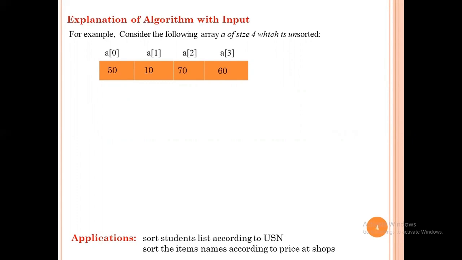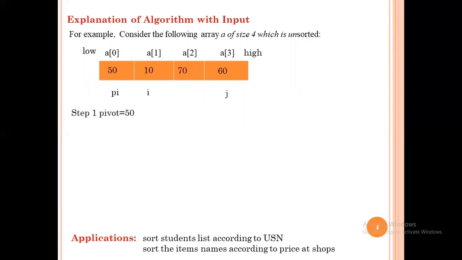A[0] represents 50, A[1] represents 10, A[2] represents 70, A[3] represents 60. Here low is pointing to index 0, high is pointing to index 3. 50 represents the pivot element, i is pointing to 1, j is pointing to index value 3.